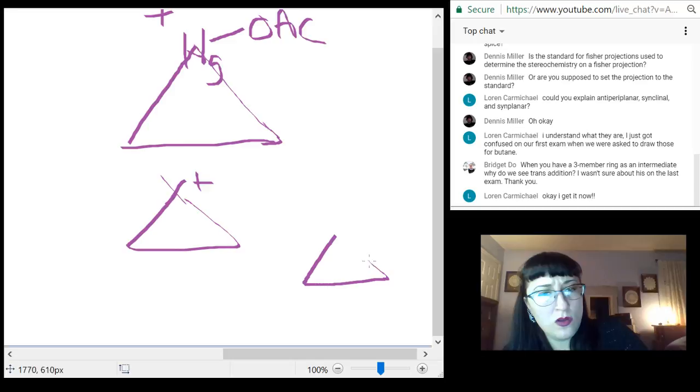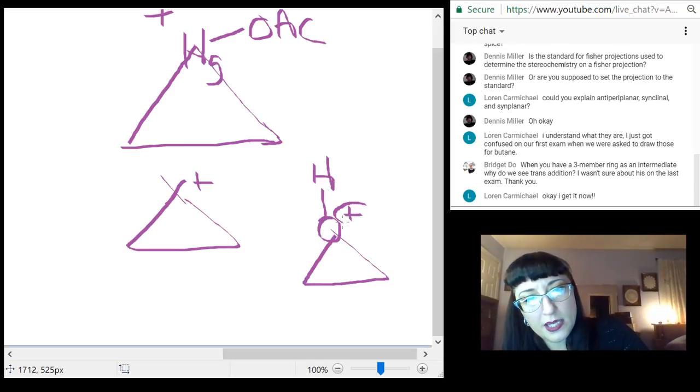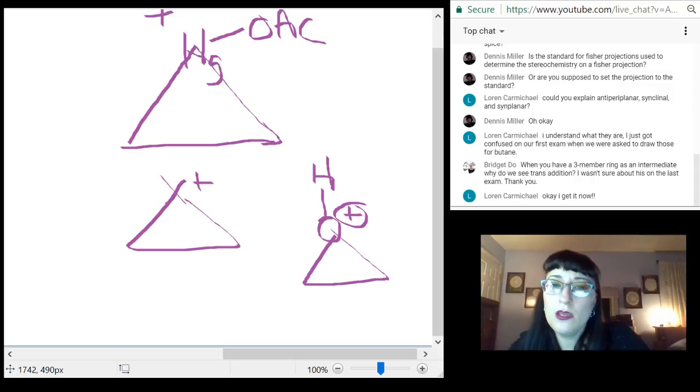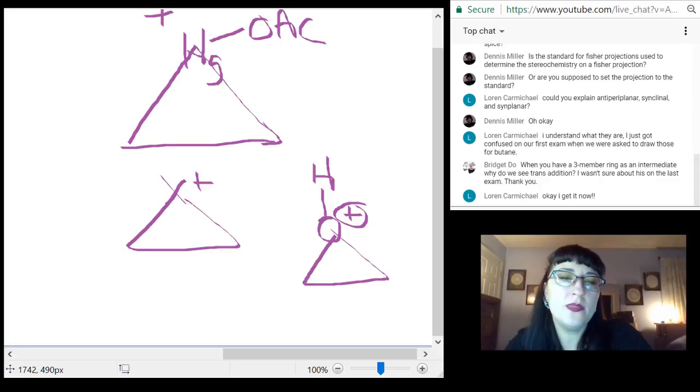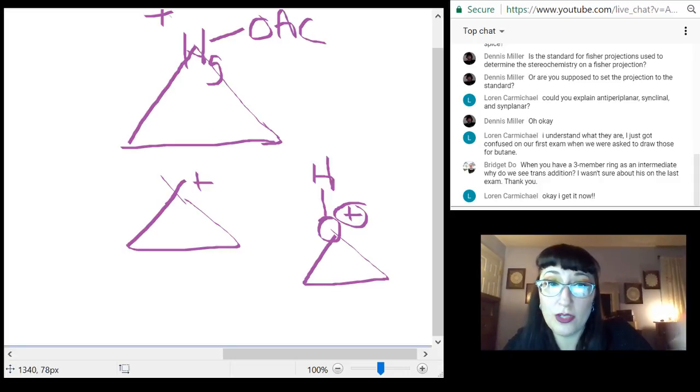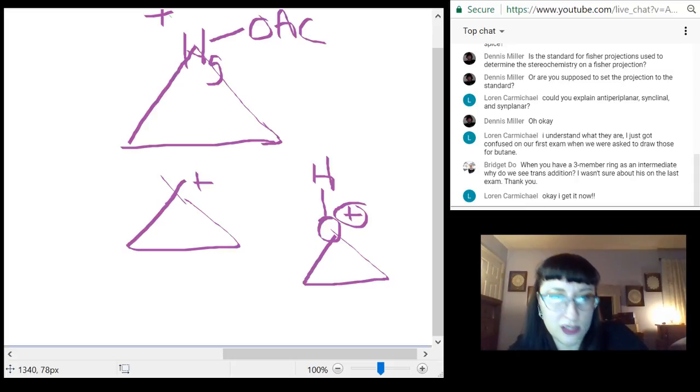We even saw one in the formation of an epoxide that looked like that. And when we talked about this, you kind of have to think about what these molecules look like in three-dimensional shape. And that's actually much easier for me to show on this than it is in the classroom. So this is one of the few times where I can show this a little easier.